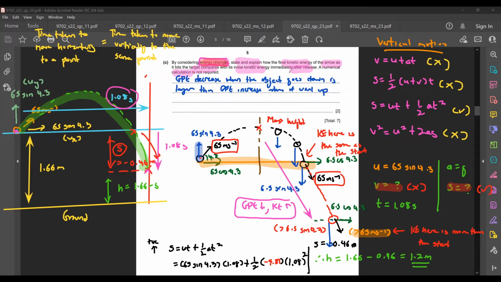You just mentioned the fact that your GPE decrease going down is actually larger than your GPE increase when it went up, okay?